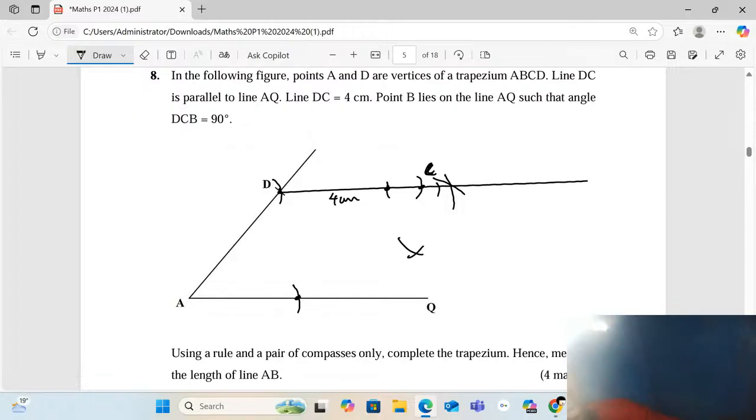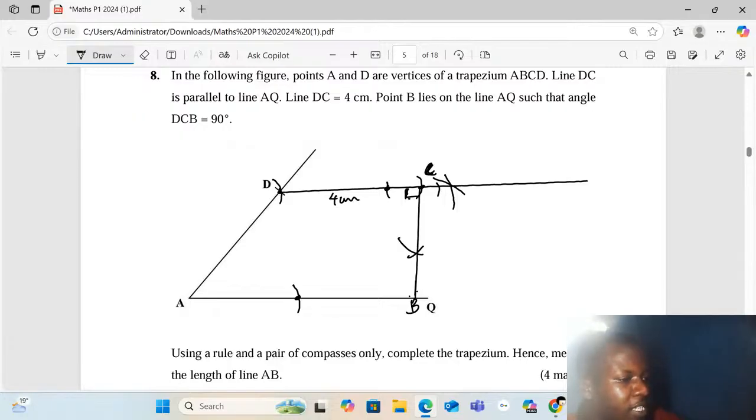Then you drop a perpendicular to form a 90. So you shall have this as 90 and this as point B. So you will have constructed a 90 degrees here.